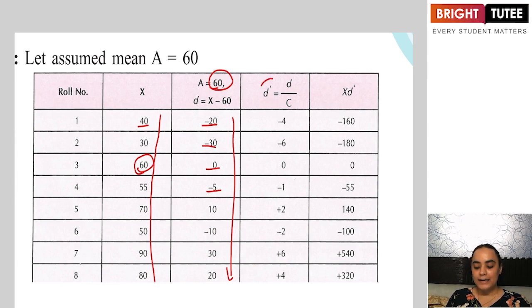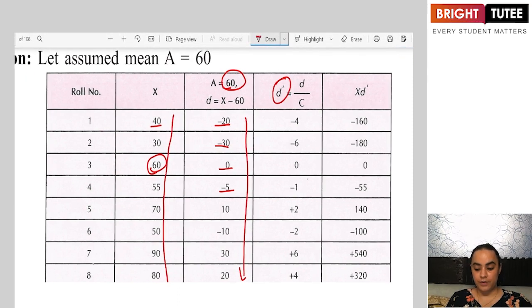Now I need d dash. D dash is nothing but d divided by the common factor. Now what is my common factor that I have? What have I taken to be the common factor? I've taken the common factor to be 5.